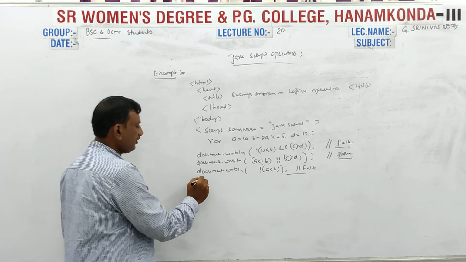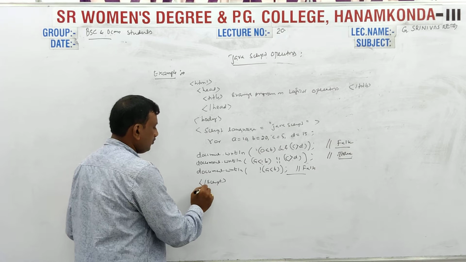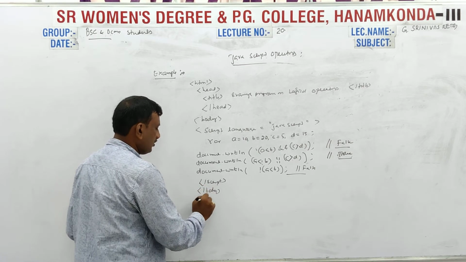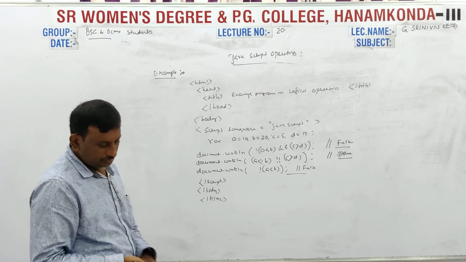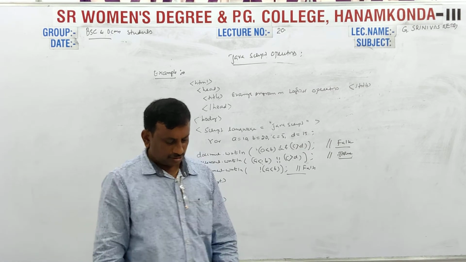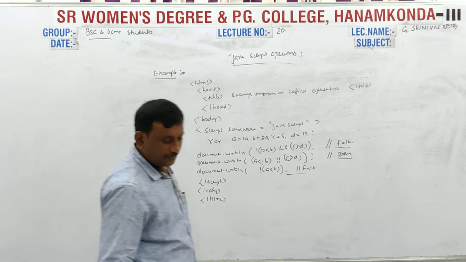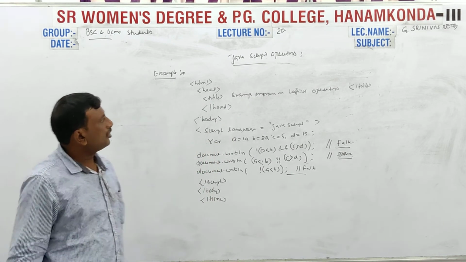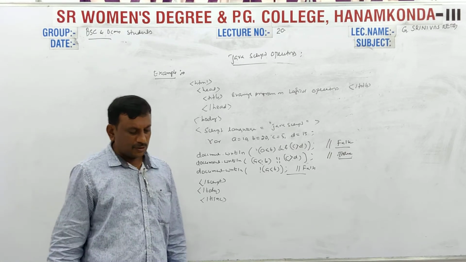Next, script close, body close, HTML close. These are the things mentioned here, the logical operators. Next I am going to the assignment operators.